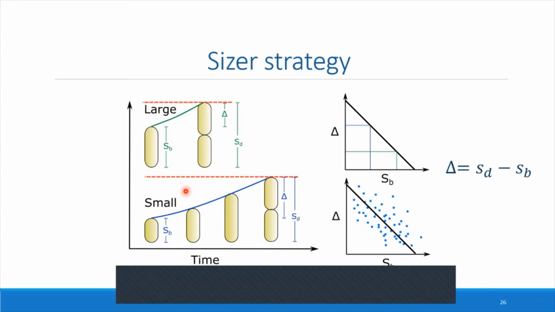If the bacteria get born small, they have to grow more, so the added size is larger than in the case where bacteria get born big. So you can see here that what you get in the sizer strategy is a negative slope plus some stochastic fluctuations. The larger you get born, the less you add before division.